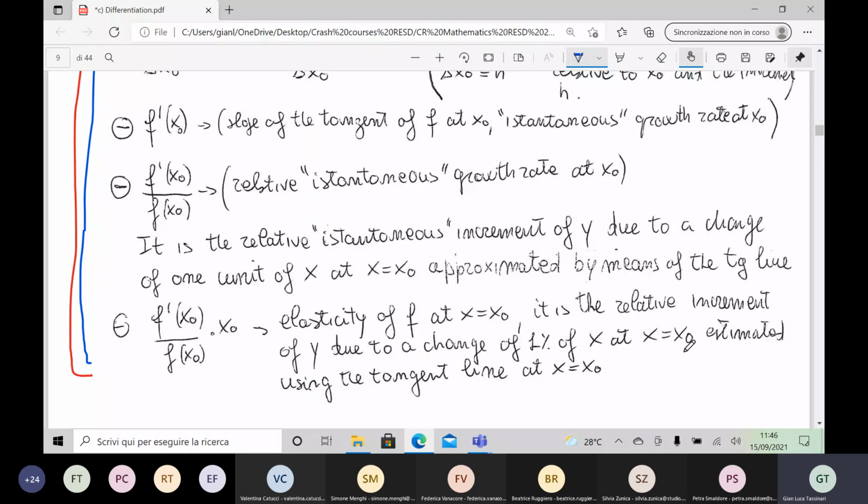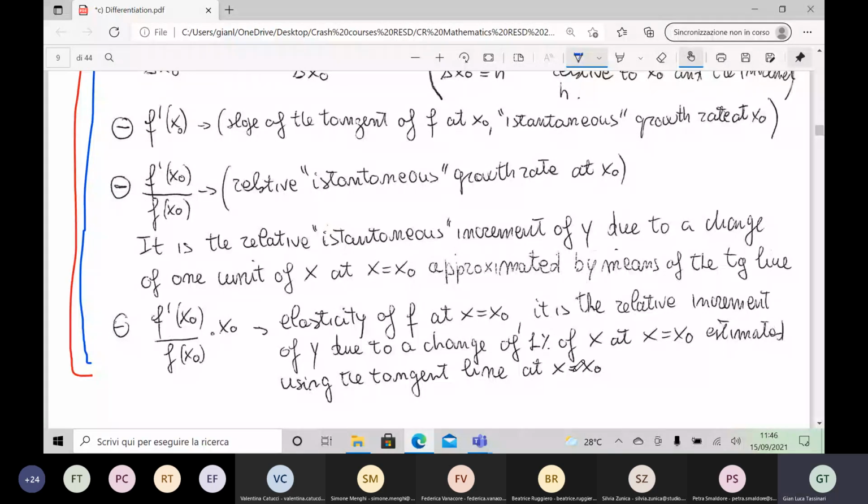So this is the relative increment, percentual, meaning the relative increment in the value of your function due to the increment of 1%, not of 1 unit, of 1% of x starting at the point x equal to x0. So you go from x0 to x0 times 1%, okay?